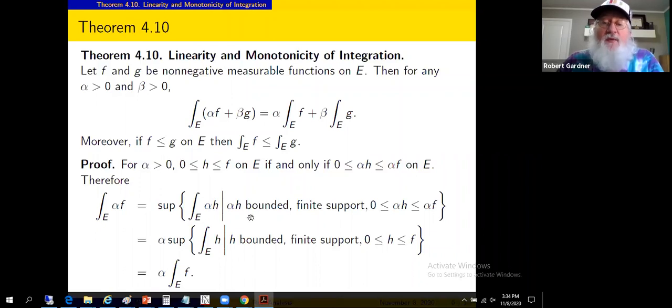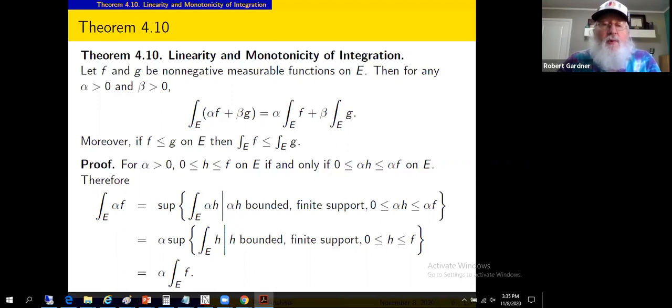So I'm going to stick an alpha in there, and that affects nothing. As we saw upstairs, it doesn't affect inequalities in particular. We defined integrals of such functions to be sups of integrals of bounded measurable functions of finite support, of which alpha h is one, say.